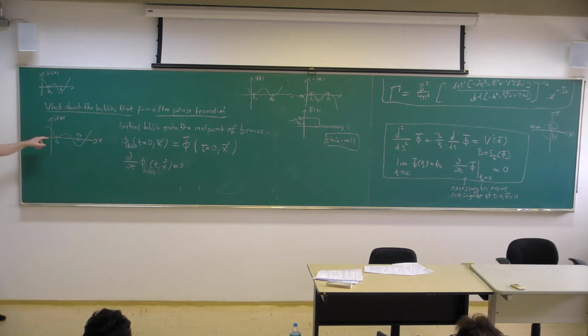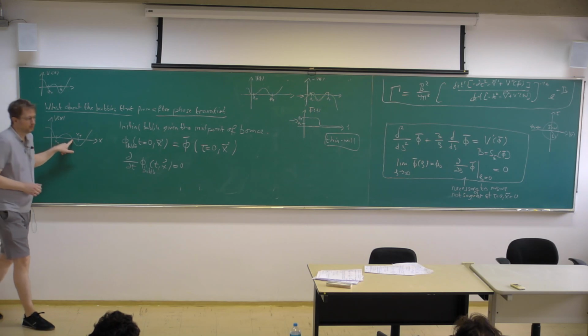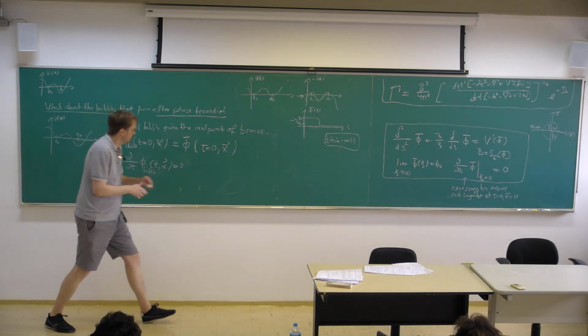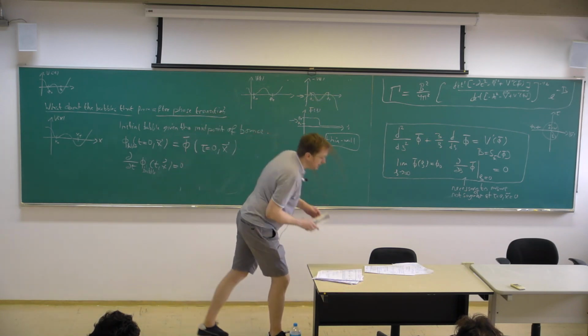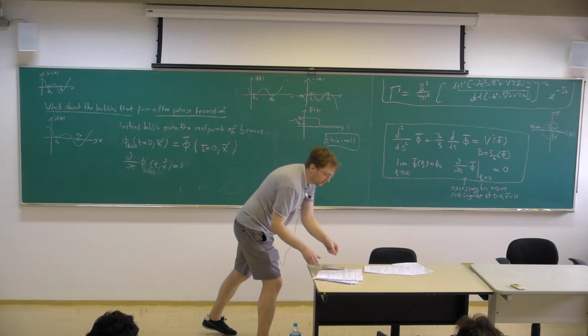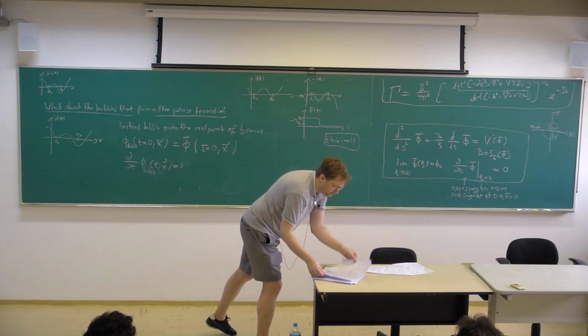If you go back to quantum mechanics, the bounce was this path from here to here and back, and the initial state after tunneling would be going from here just to here. So these are the initial conditions, and afterwards it just evolves as a classical solution.